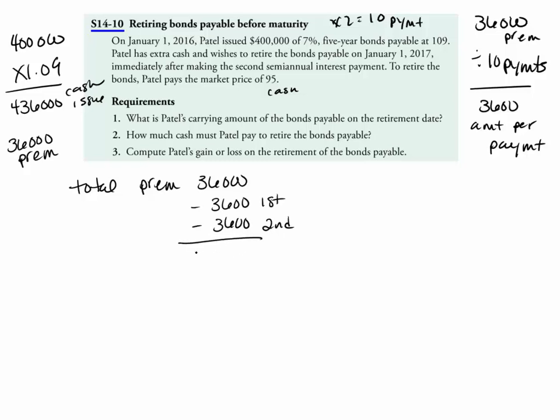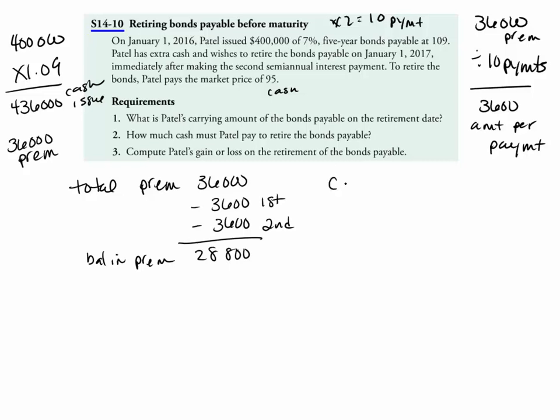So now the remaining balance is $28,800. That is the non-amortized premium, the balance in premiums after I've made 2 interest payments.